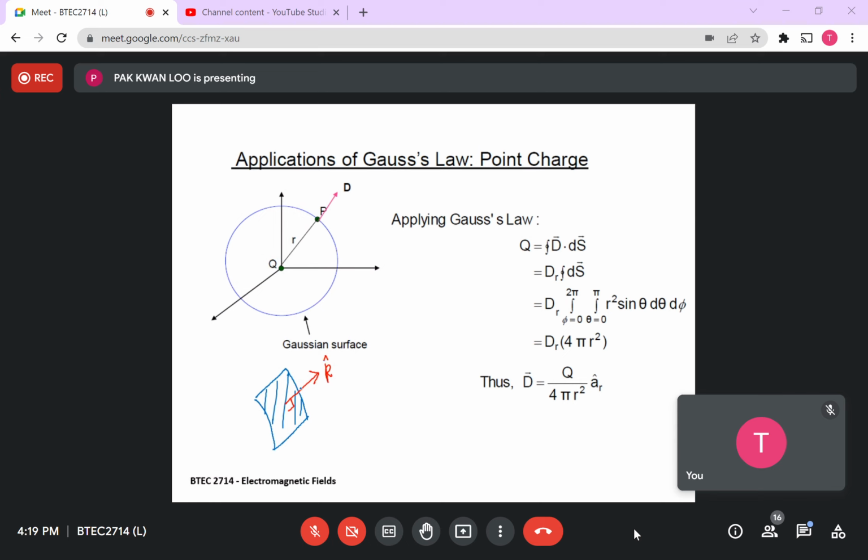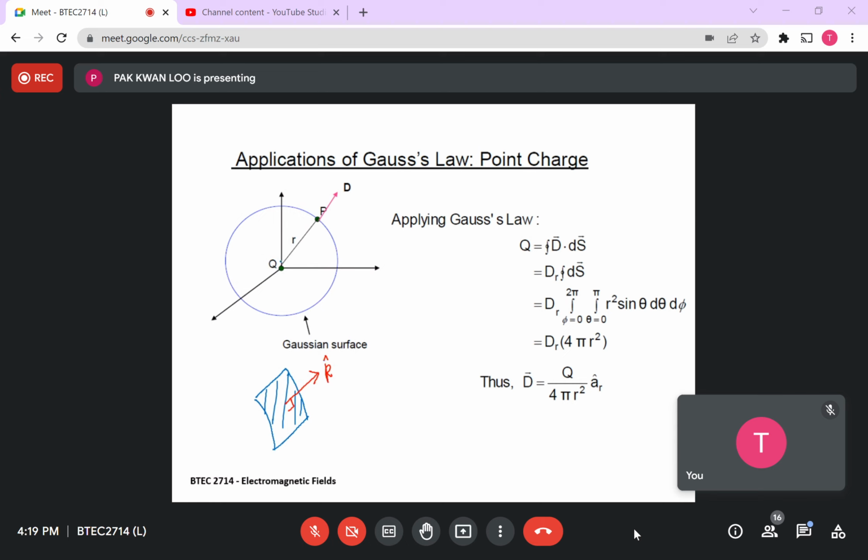The dot product of the electric field with this direction is going to be constant. So if it's a constant, then the constant term of the electric flux can be factored outside the integration.